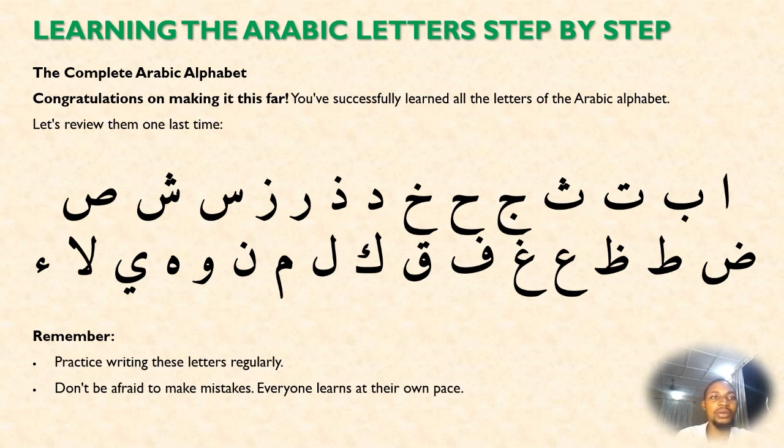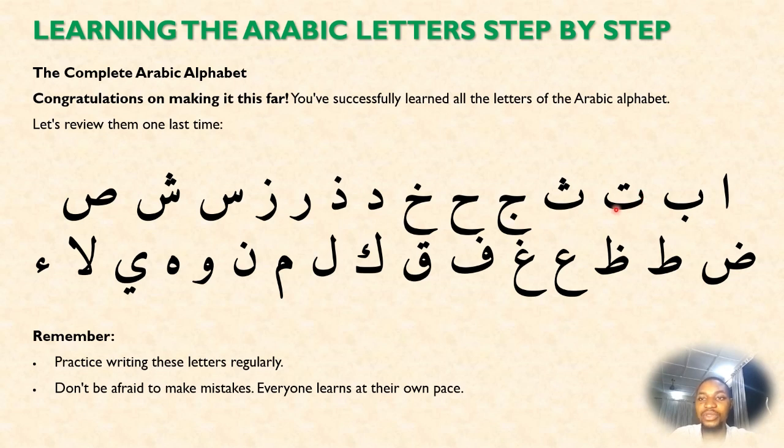The first one here we have is alif. Remember, alif always looks like something like a one, so this is alif. Ba has this spread out curvy shape with a dot underneath.